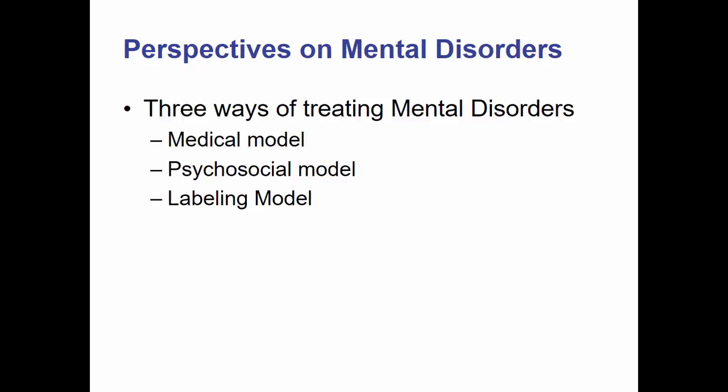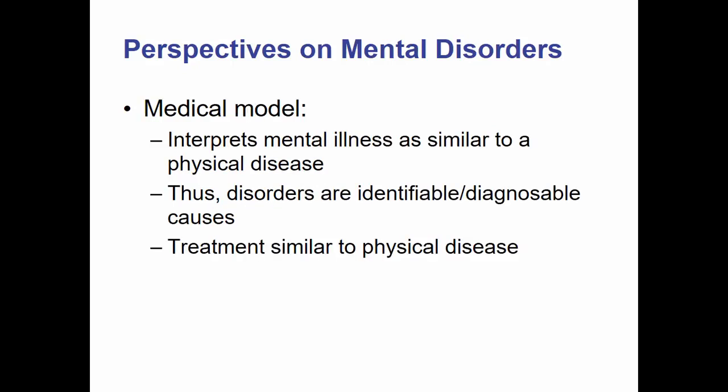Now let's look at a few perspectives on mental disorders before we're done. There are three ways of treating mental disorders. We have the medical model, the psychosocial model, and the labeling model. And obviously, some of these are better than others at treating them. The medical model interprets mental disorder as a mental illness similar to a physical disease.